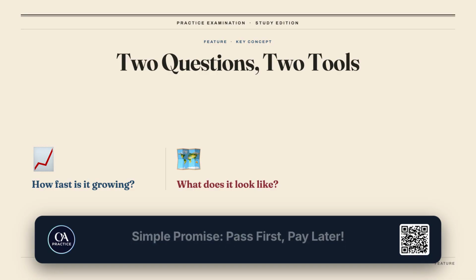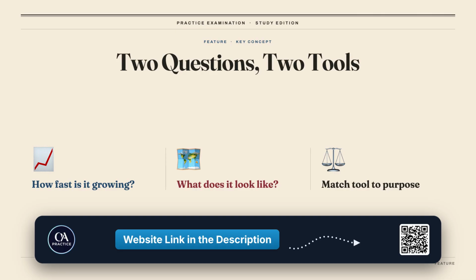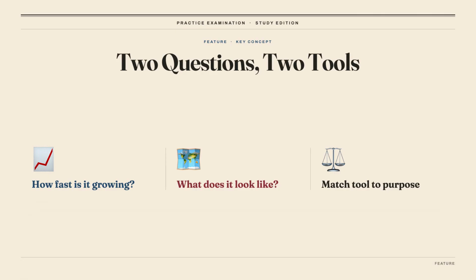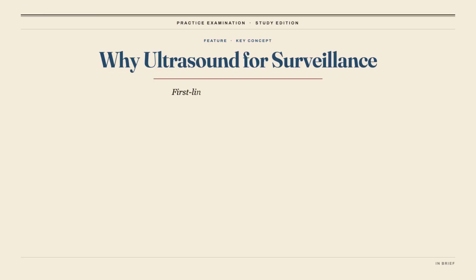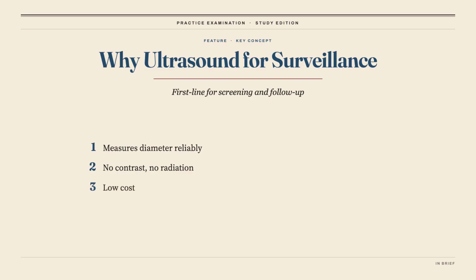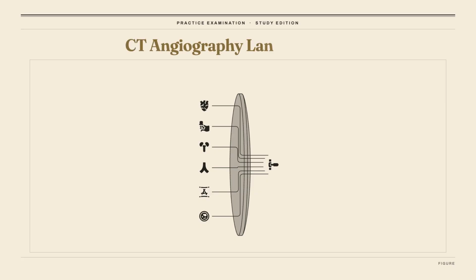The planning question, what does this look like anatomically, is asked once before repair, and it's answered by CT angiography. Ultrasound measures aortic diameter reliably, costs little, and uses no contrast or radiation, so it can be repeated every 6 to 12 months for a decade without accumulating harm. That cumulative safety is exactly what serial CT scans would sacrifice in the same role.